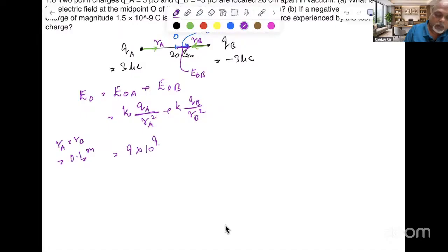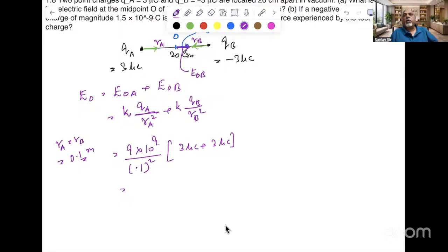So 0.1 meter square, QA plus QB, 3 microcoulomb plus 3 microcoulomb.